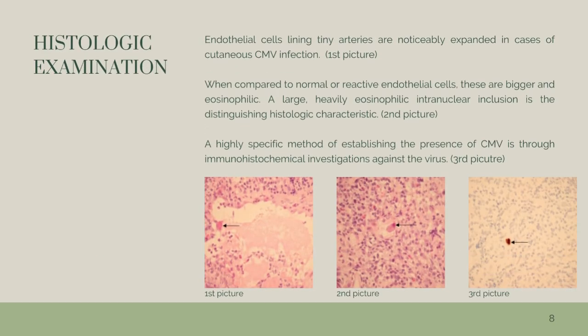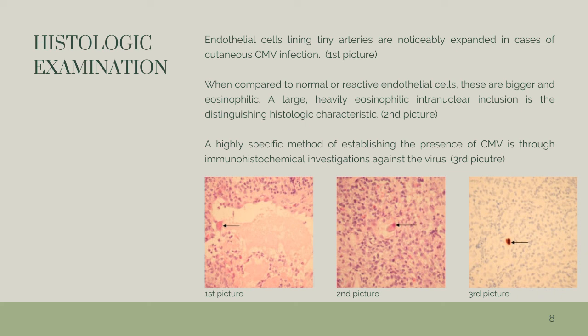Now, the last part for this topic is the histologic examination. Endothelial cells lining tiny arteries are noticeably expanded in cases of cutaneous CMV infection. So you can see in figure 1, or the first picture, that the lining of the tiny arteries is expanded.